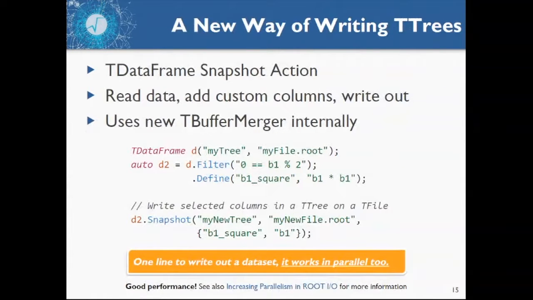Finally, T-data frame introduced a new way of writing trees using the T-buffer merger internally, as Axel mentioned. So it's very easy to just read some file. You do some filtering, then you define columns, and because you don't want to keep defining this every time, you can just call snapshot, and then you give the tree name and the file name, and choose the branches that you want to save, and it gets written for you. It runs in parallel.